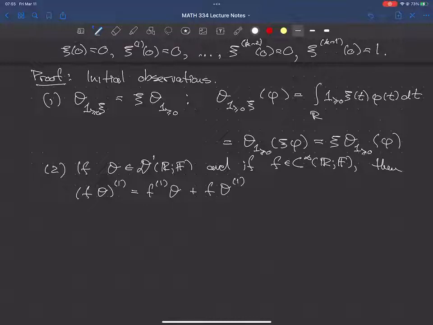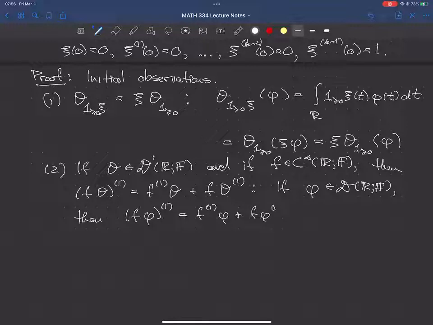All right. Okay, so let's prove that. Okay, so certainly I know that if phi is a test signal, then I know that f phi, this is just the usual product rule. Okay. All right, so now I just calculate using definitions of everything, but it's an instructive exercise.